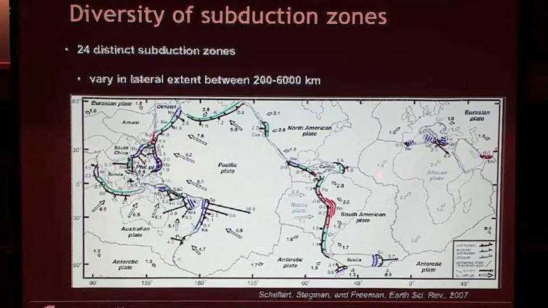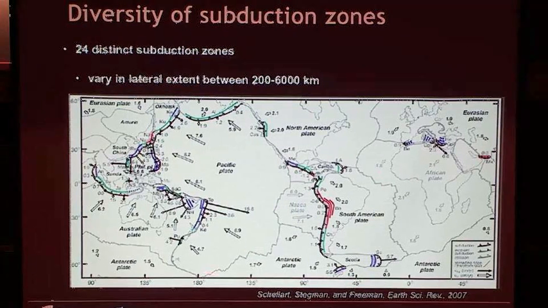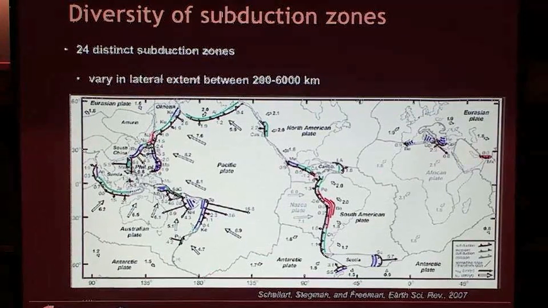And the pattern that shows up, this is exaggerated because of the projection. So Scotia is actually pretty small, a narrow subduction zone, and similar to that, and the narrow ones tend to be the ones that retreat. And the wider ones, the ones that have the largest extent, tend to be stationary. That makes sense, doesn't it?